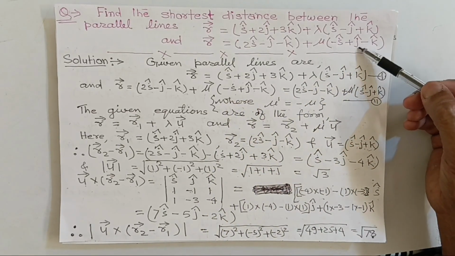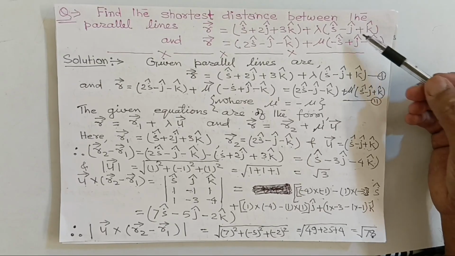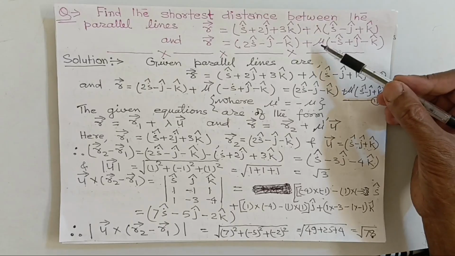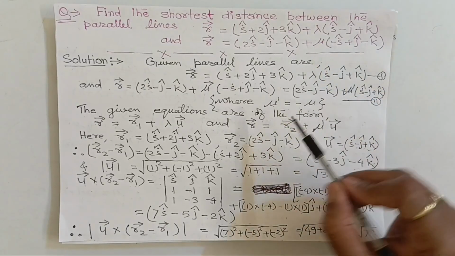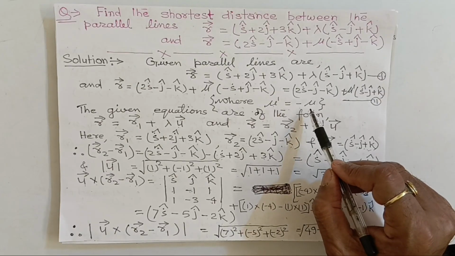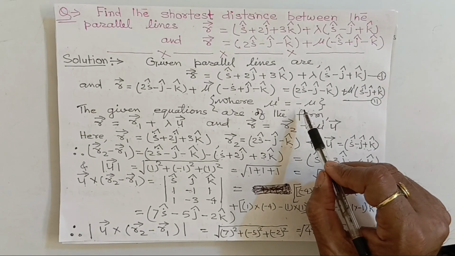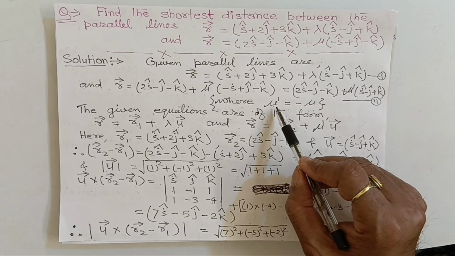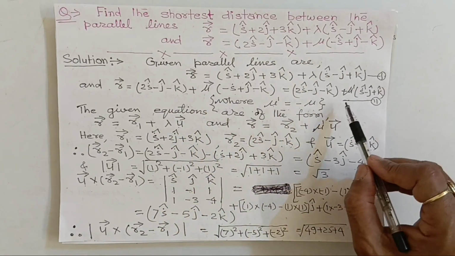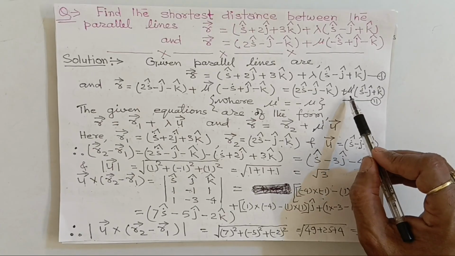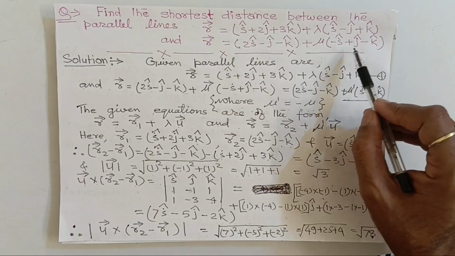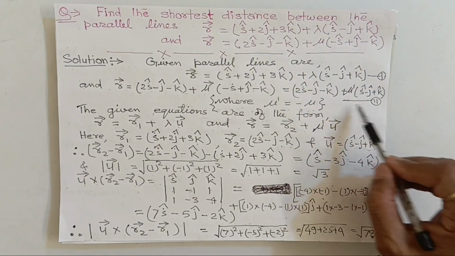We have to convert this into the same form. So we take minus 1 common here, it becomes minus mu, and we take minus mu equal to mu dash. So we write mu dash instead of minus mu here, and it becomes plus (i minus j plus k), equation 2.